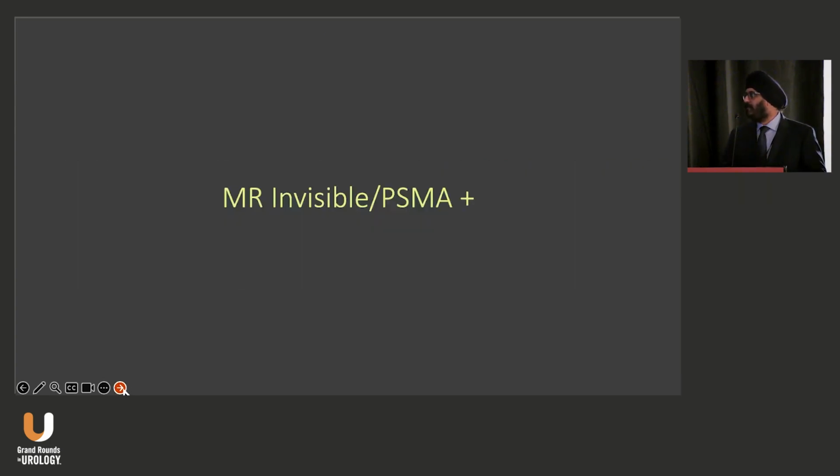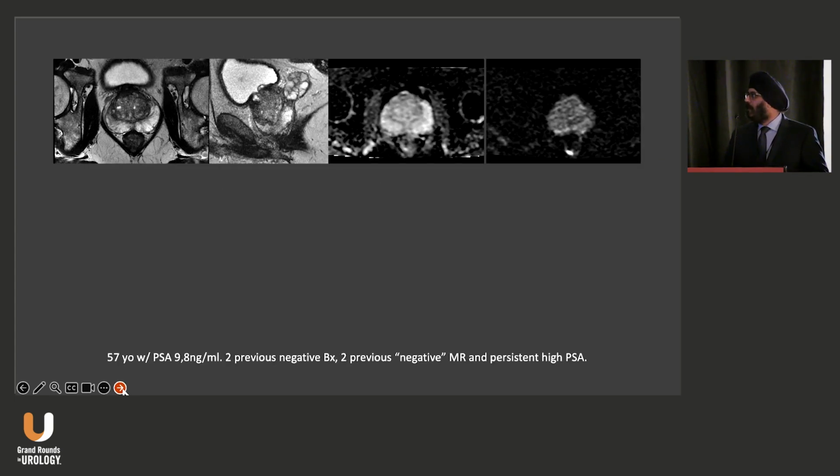Just pivoting a little bit, MR invisible, PSMA positive, a couple of cases of that. I'm pretty sure in this MRI, maybe AI will find a prostate cancer, but I'm pretty sure most of us won't. Maybe Dr. Turkby will.